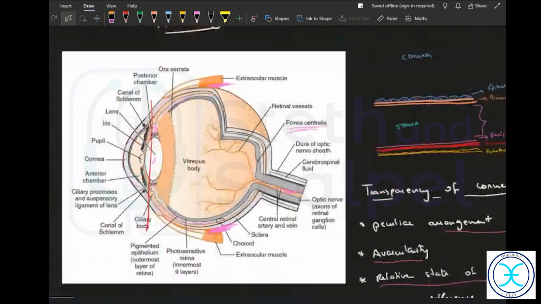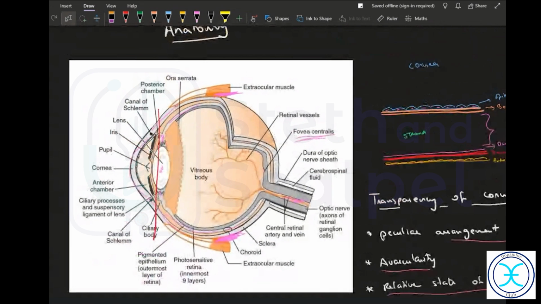You can have pus. What is that known as? Hypopyon. Exactly. If you have blood, what is it known as? Hyphema. Then what else can be there? These two are the ones I know. If someone knows anything else, you can add on.